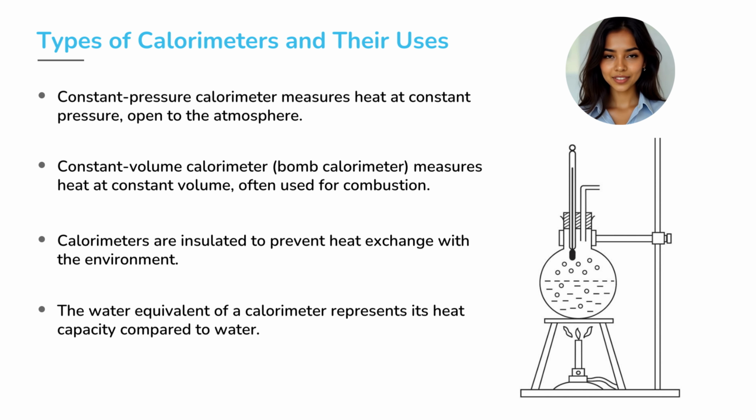The water equivalent of the calorimeter is a correction factor that accounts for the heat absorbed by the calorimeter itself. As shown in the diagram, calorimeters help us isolate heat flow and ensure we get precise measurements during experiments.